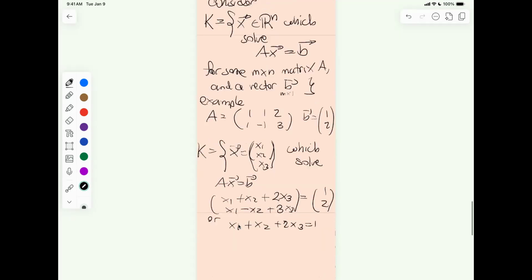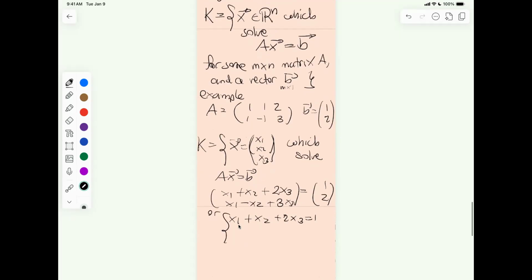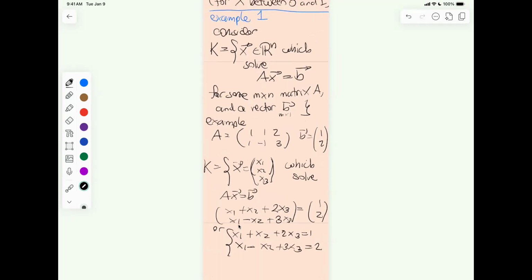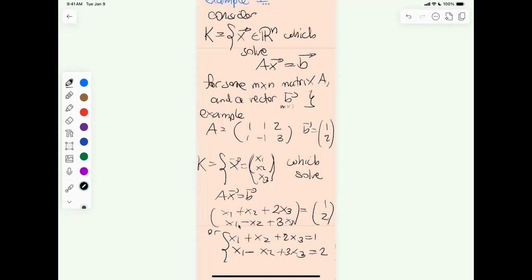Or if you equate the entries, what I'm saying is you're just looking at the solutions to a system of linear equations, right? It could be not necessarily this matrix and this vector, but you can consider the solutions to a system of equations, right? That forms a set.